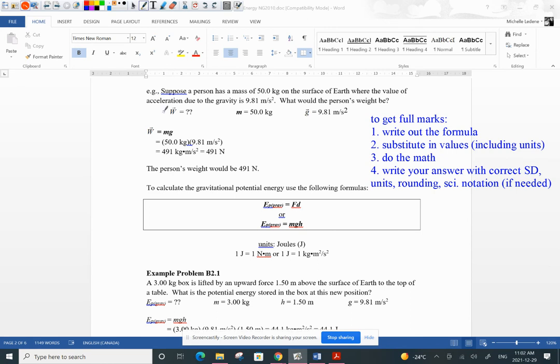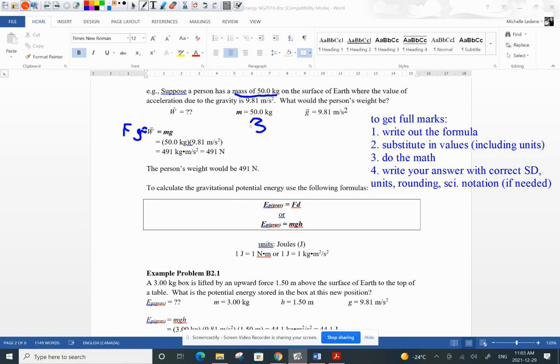So here's an example of finding the weight, or the force due to gravity, Fg. Again, that's in your data booklet, and that is something that you can always look up. So what are we given in the question? Well, we're given a mass of 50.0 kg. So units are kg, and that's 3 significant digits in that value.